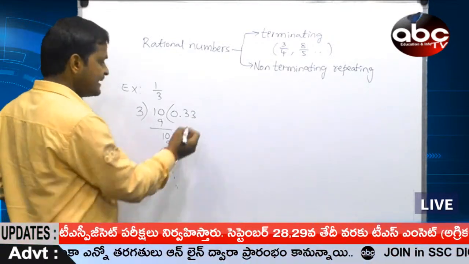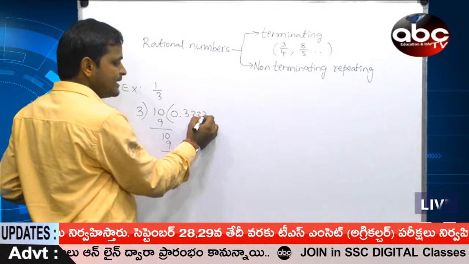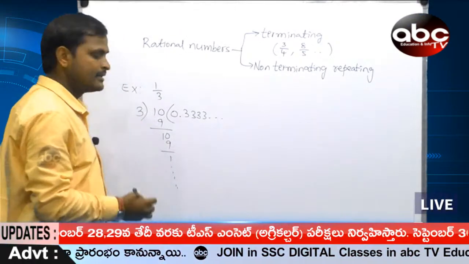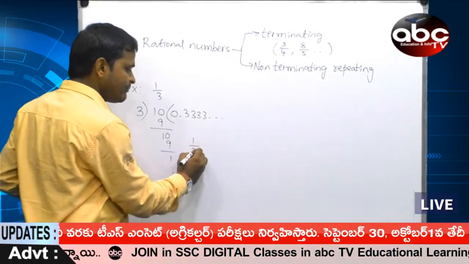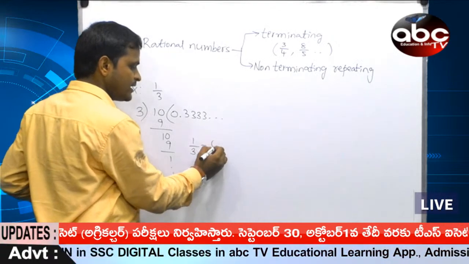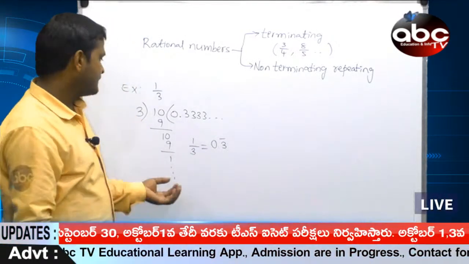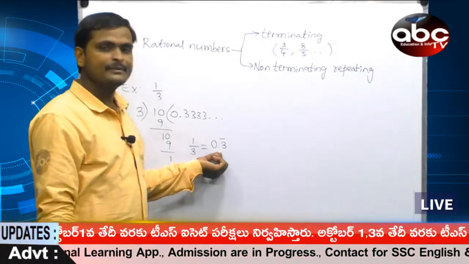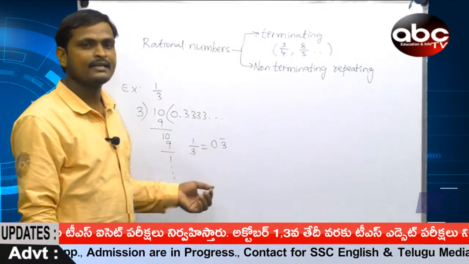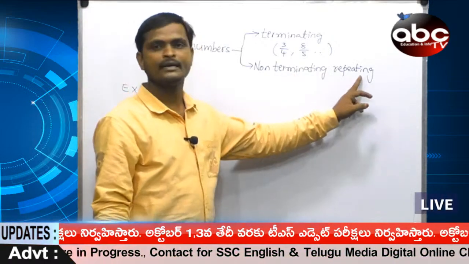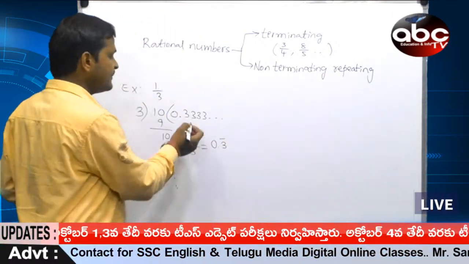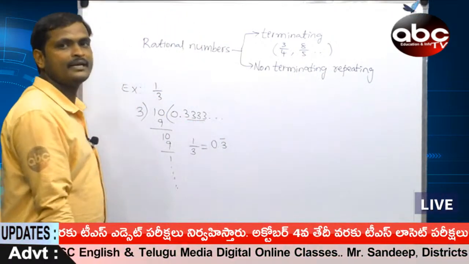Then we get the quotient 3 3 3 and so on. That means you can write 1 by 3 is equal to 0.3 bar. When a bar is there in any decimal expansion, that is non-terminating repeating. Which number repeats here? 3 is repeating.